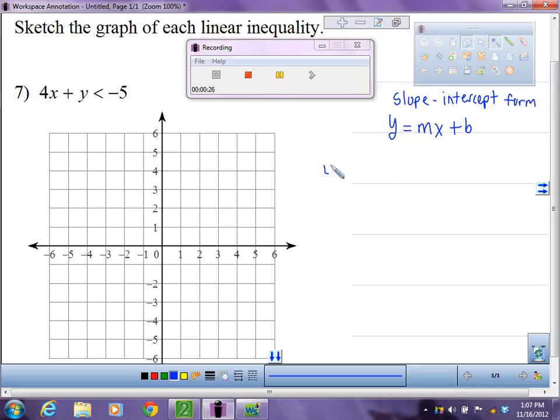I got 4x plus y less than negative 5. So here, according to my model, my mx should be on my right side. So I need to move this 4x over here, right? So again, we use our properties of equality.